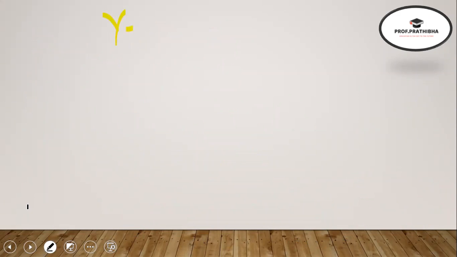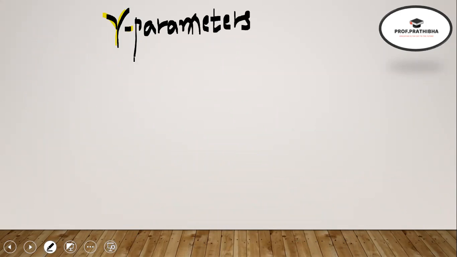If I ask you for the Y parameters interconnection, the question will ask the same, to find the Y parameters, but they will indicate that you have to find the interconnection. So now I say interconnection. I'm drawing the network for you to identify what kind of network we are talking about. Let's take a very simple network first.